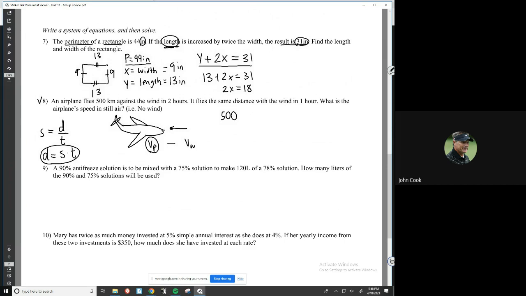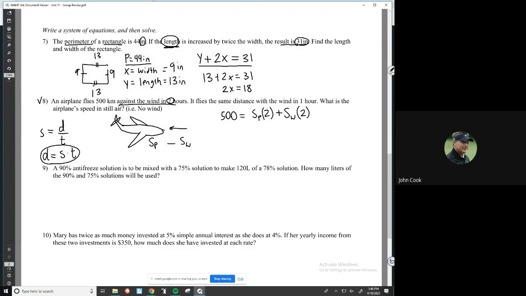So that 500 for the distance is going to be equal to the speed of the plane, we'll call it SP. I said V because I'm used to writing velocity, but it's the speed of the plane and the speed of the wind. So the speed of the plane times the amount of time that it took to fly against the wind, that's 2 hours, so times 2, and then plus the speed of the wind times that same amount of time, 2.